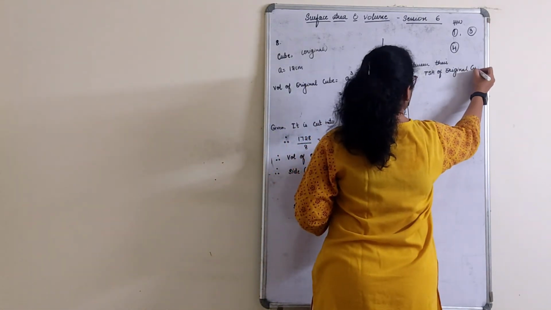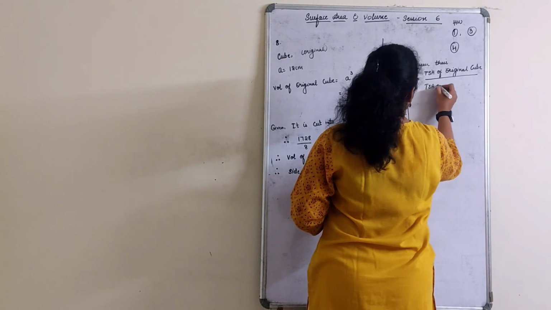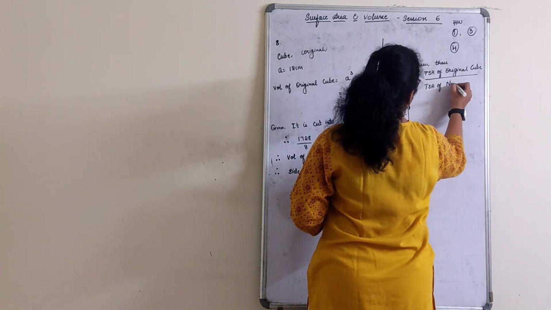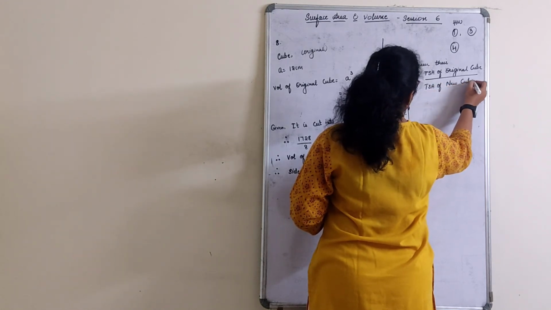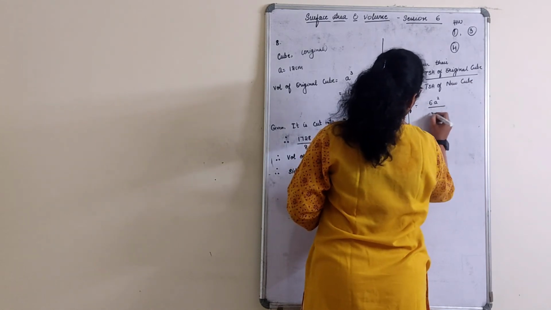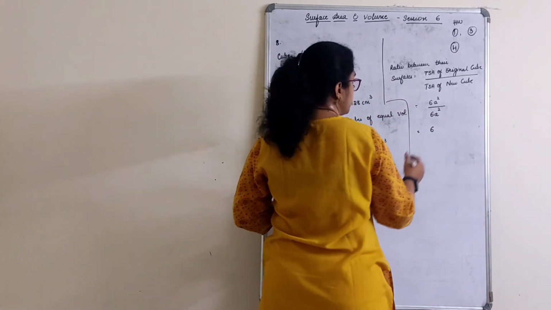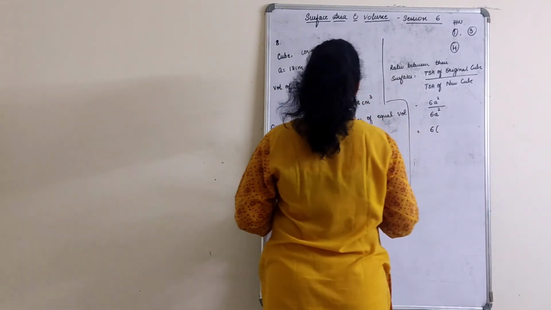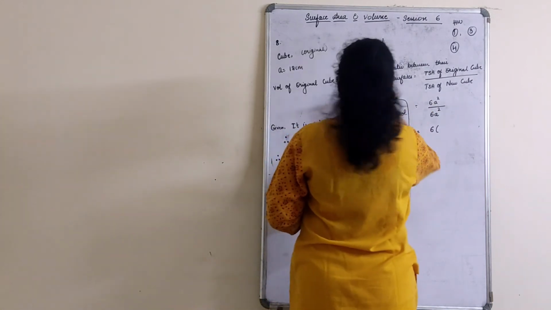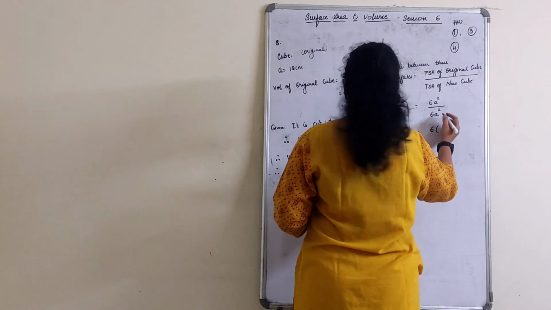TSA of original cube divided by TSA of new cube. So this is 6A square divided by 6a square. Afterwards we'll cancel. If you want you can mention this as a and capital A, you can differentiate it, it's up to you.